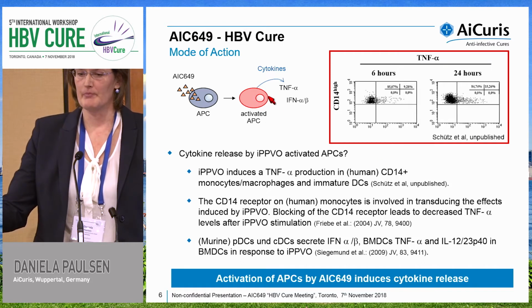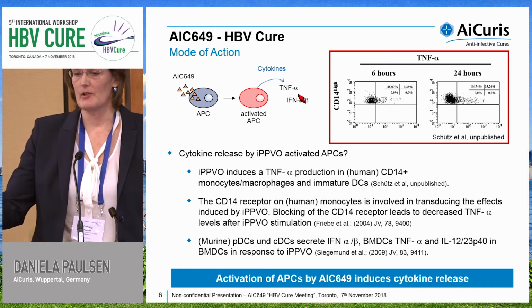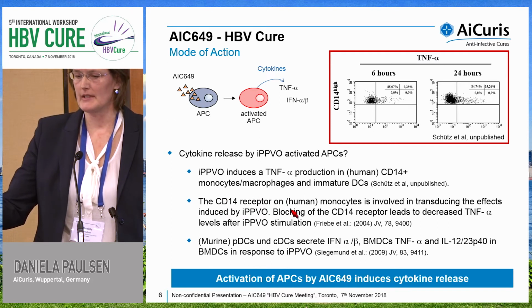And you cannot only see that on a phenotype, but these cells also release cytokines. In this case, for example, the CD14 monocytes in the human system start to produce TNF-alpha. So the CD14 receptor seems to have a role in that, because if you block that, it leads to decreased TNF-alpha levels after stimulation.